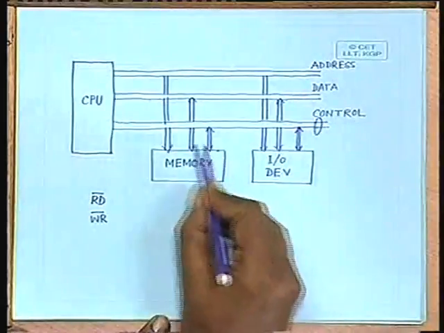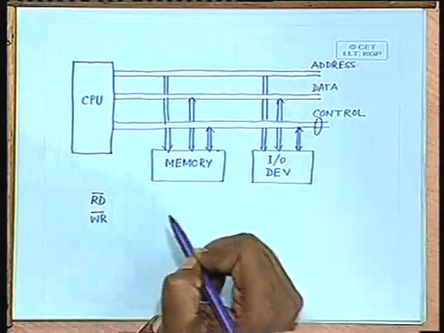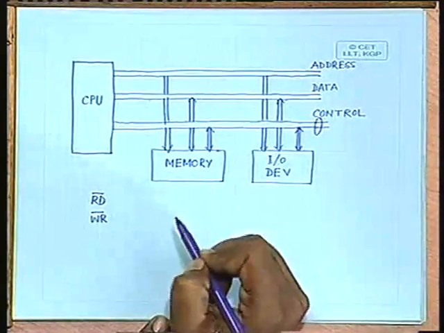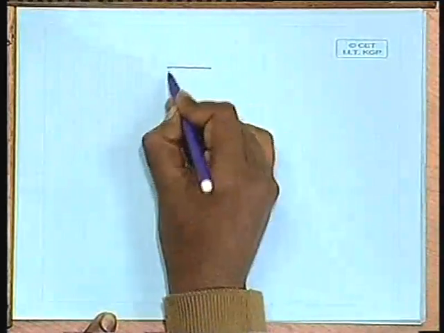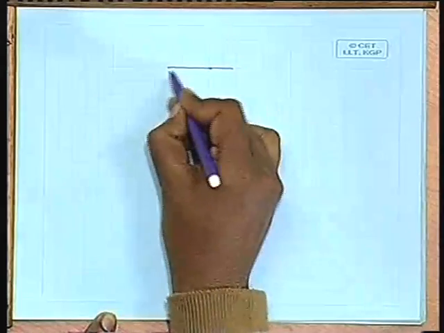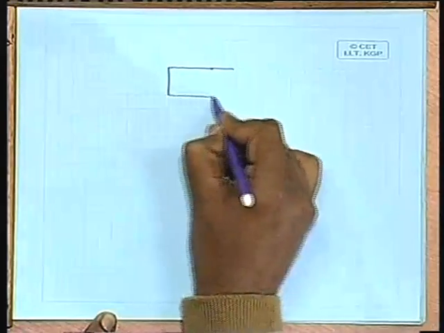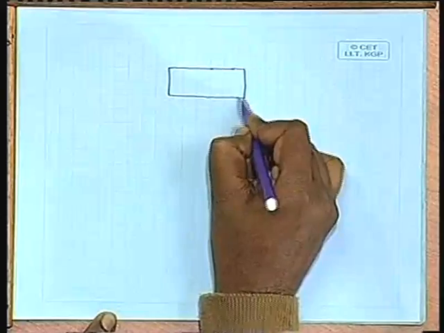Now, coming to the memory, you all might be aware that we have various kinds of memory. We have cache memory, we have primary memory, and we have secondary memory. So, this memory is actually a hierarchy of different types of memory. At the topmost level, the type of memory that we have is called the cache memory.